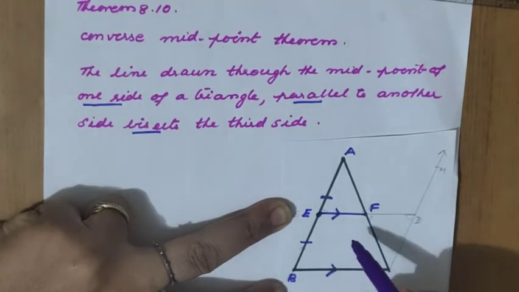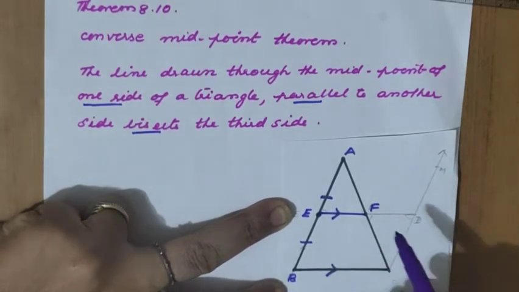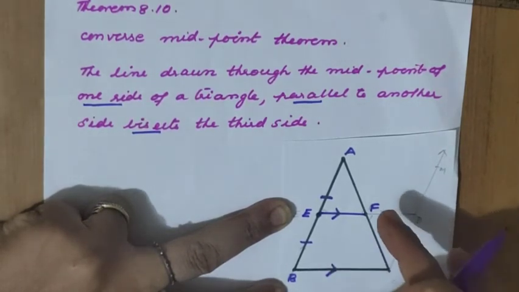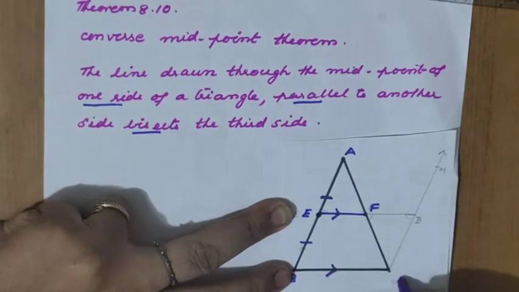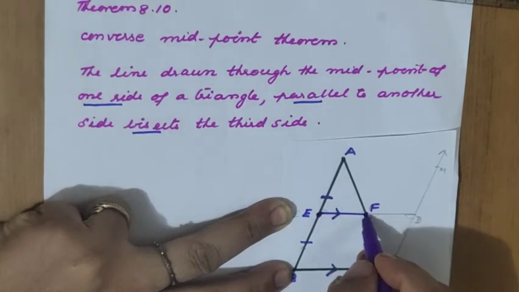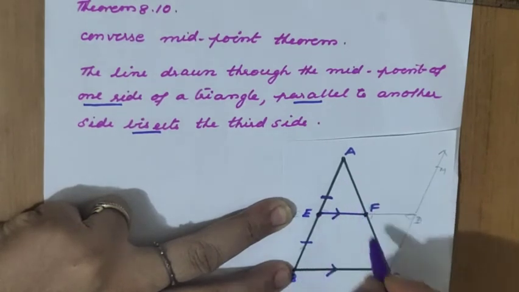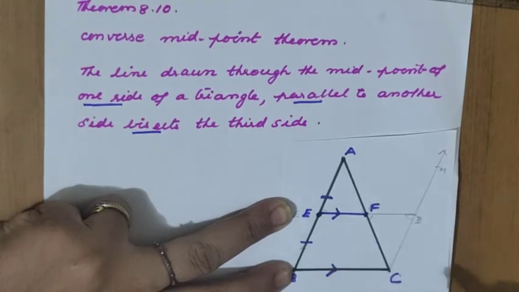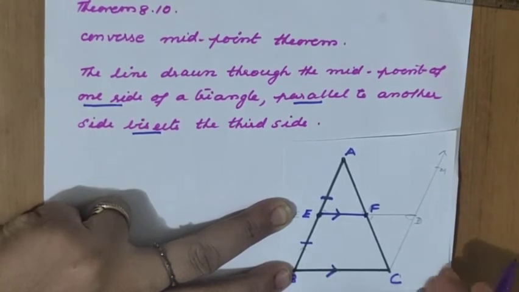That we have to prove. I cannot mark it now, that is to be proved. So what is the meaning of that? We should get AF equal to FC. That means the line segment meeting the third side at F, F is bisecting AC. AF equal to FC we should get.